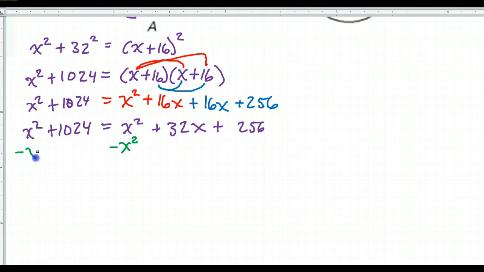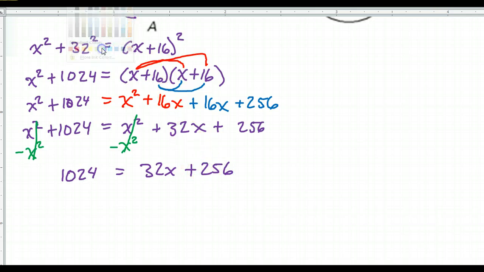So minus x squared from both sides. Well, those actually wind up completely canceling each other out, which is convenient for us because it makes life simpler. So that'll be 1024 is equal to 32x plus 256. The rest of this should be pretty easy to solve.